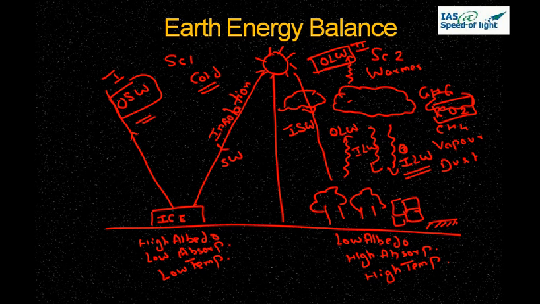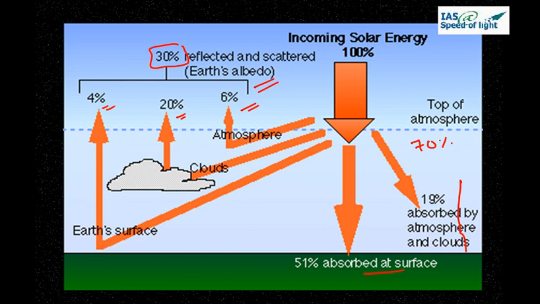Then we talked about the incoming short waves and outgoing long waves, which are getting trapped because of greenhouse gases. Then we saw 30% of the total insolation which Earth is receiving are reflected back to the space, while 70% are getting absorbed by the atmosphere and the cloud and the surface of the Earth.